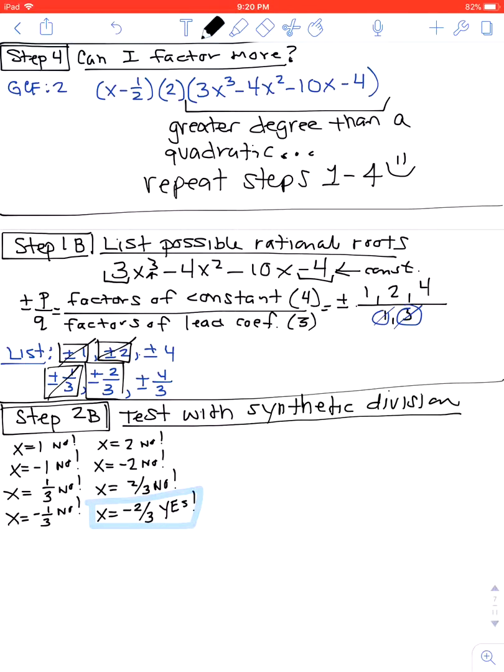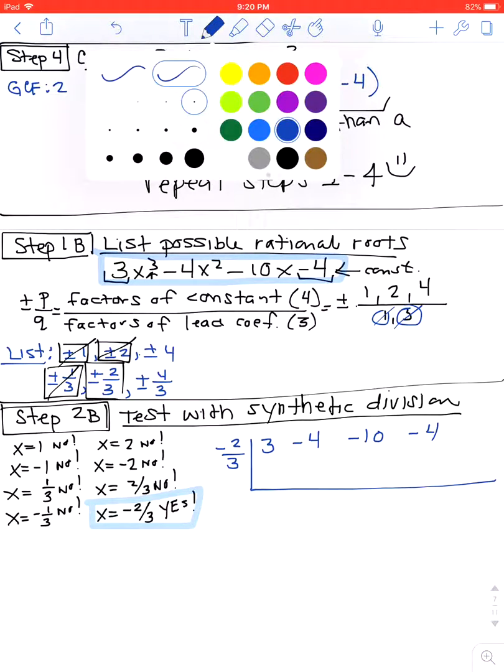All right, I'll show it to you just in case. So if we use negative 2/3, and this is what we're using here, we're using that new piece. So we have 3, negative 4, negative 10, negative 4.